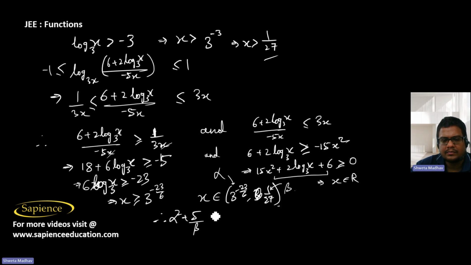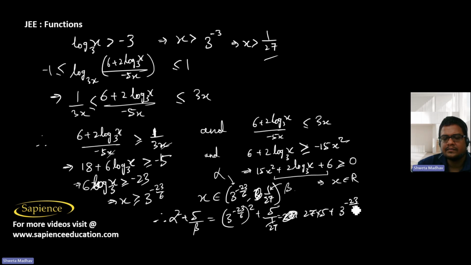Alpha square plus 5 by beta is equal to (3 power minus 23 by 6) whole power 2 plus 5 by 1 by 27. So this is equal to 27 into 5 plus 3 power minus 23 by 3.